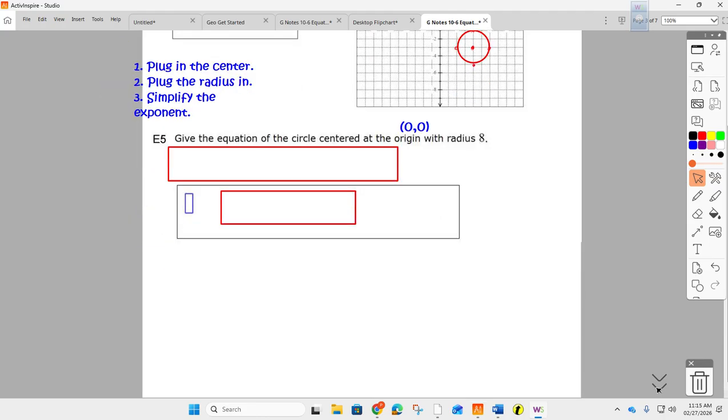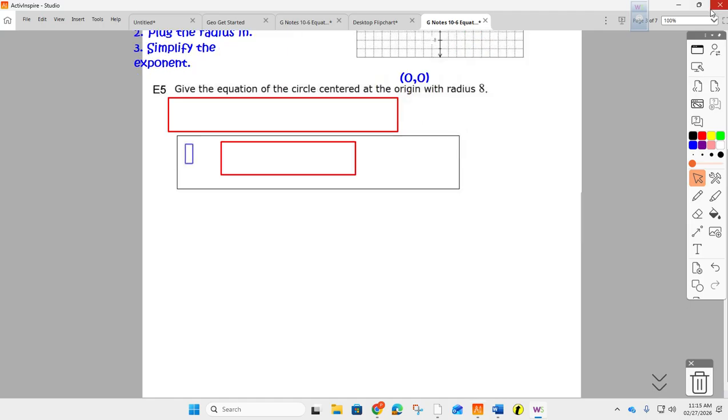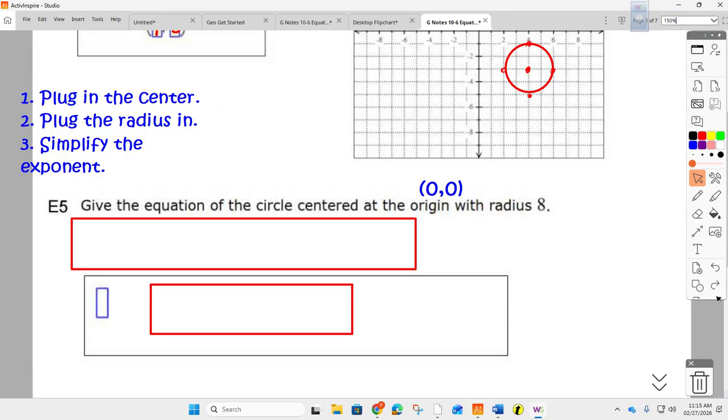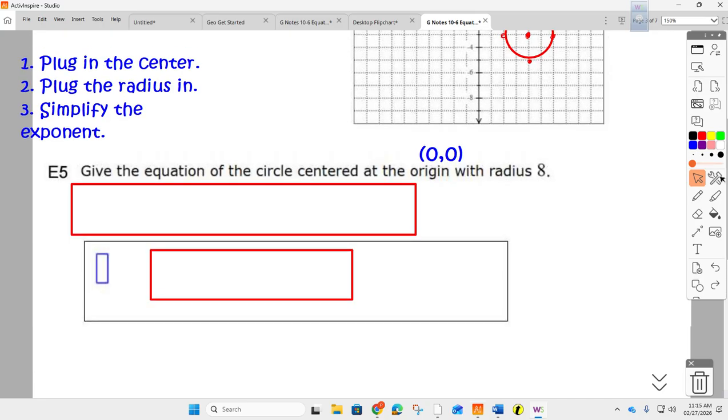Example 5 says, given the equation of the circle centered at the origin, so we need to know that that means the center point is 0, 0, right? Given that, with a radius of 8. Oh no, they want us to give the equation of a circle whose center is at the origin and has a radius of 8.